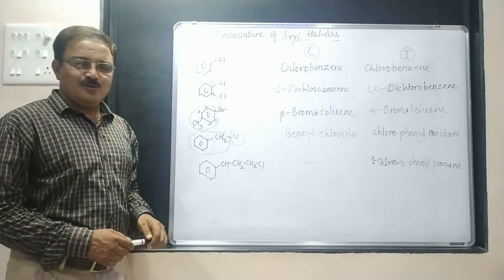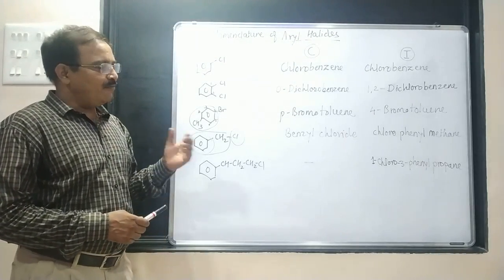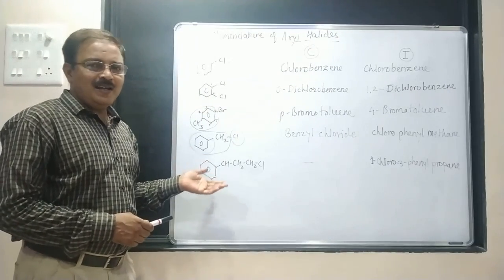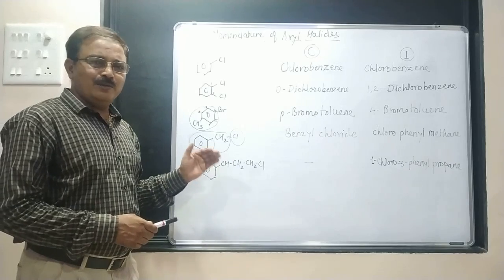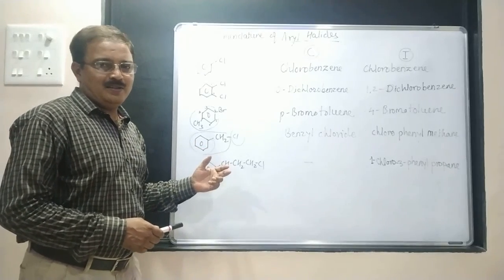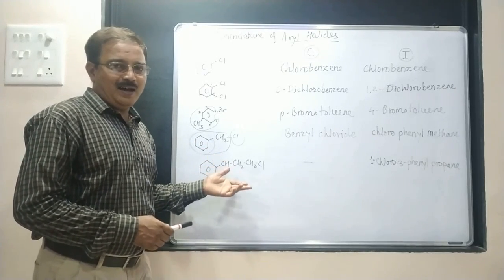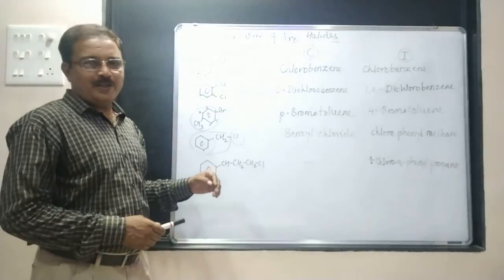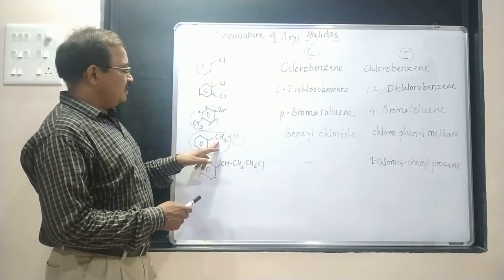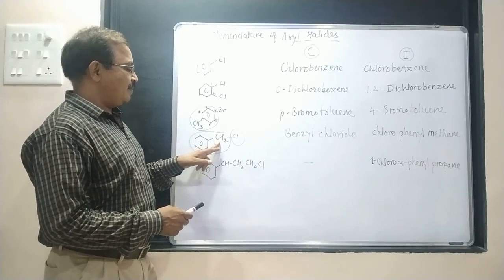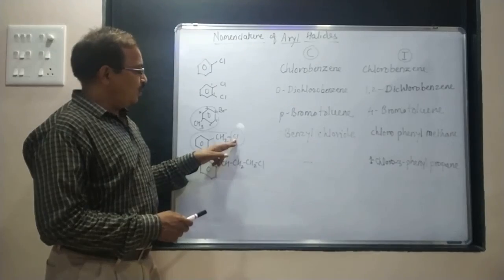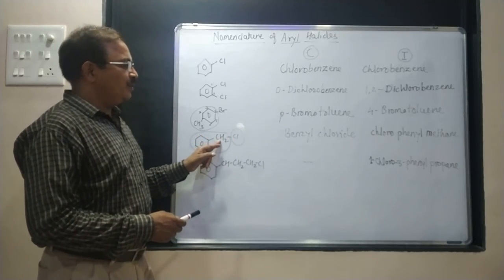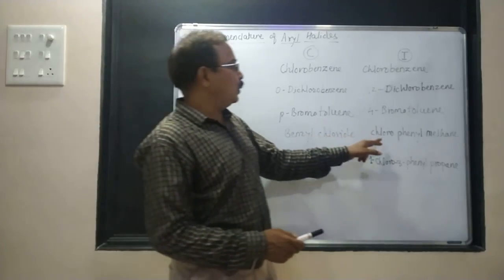As we have studied in alkyl halides, when an alkyl group as well as a halogen is present, we have to give first preference to the halogen and then the alkyl or aryl group and then the corresponding alkane. This corresponding alkane contains one carbon atom, therefore the corresponding alkane will be methane. So, chlorophenylmethane is the IUPAC name.